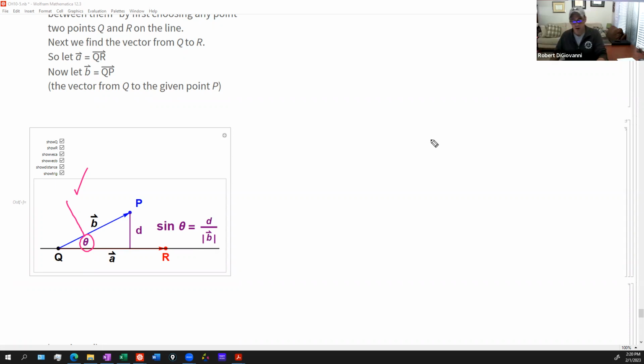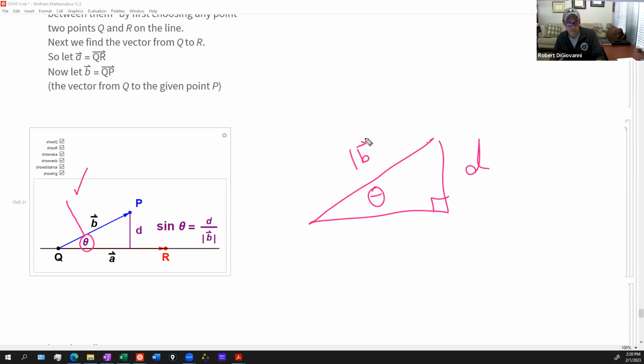If we're looking at this as a right triangle, and we want to know what D is, and this is theta, then we need to be looking at the magnitude of B, not B as a vector. Do y'all agree? Just nod your heads yes or no. Do y'all agree with that statement? Sine of theta should be D over the magnitude of B. And we just don't know what D is. We're going to try and solve for D.